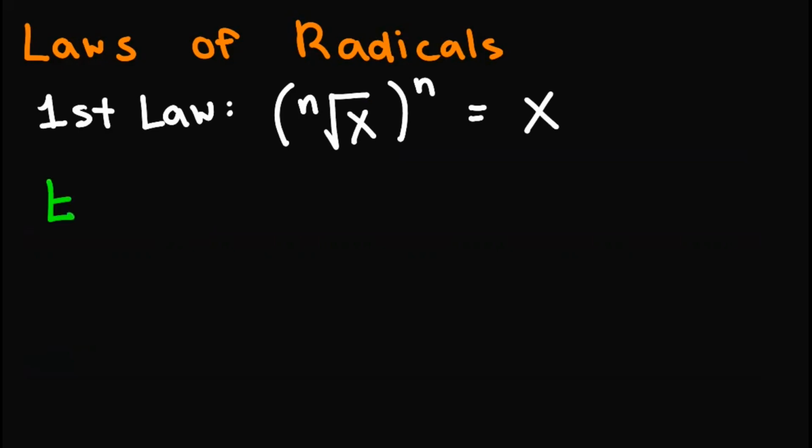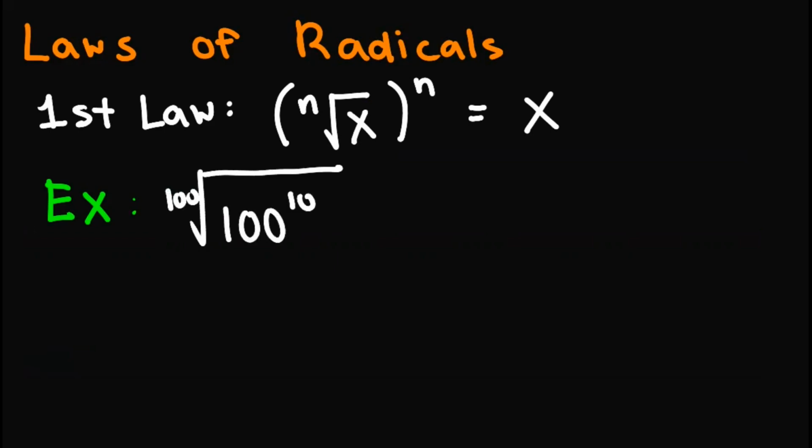As an example, let's have the 100th root of 100 raised to 100. Now for this one, if we try to simplify this, it will take us forever to do that.